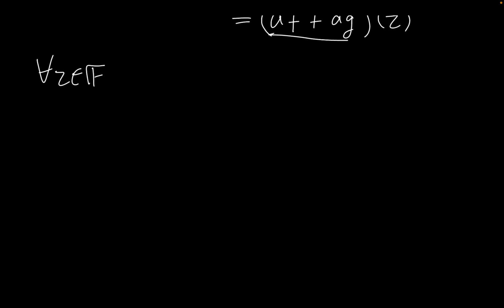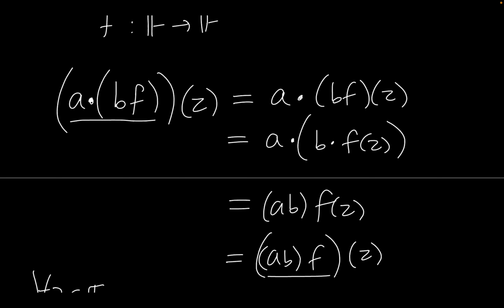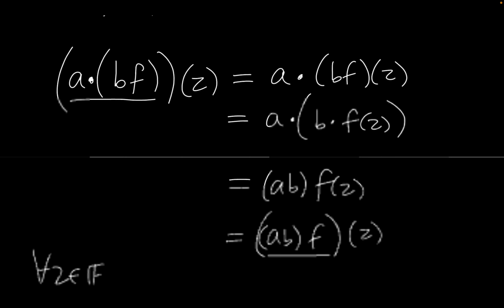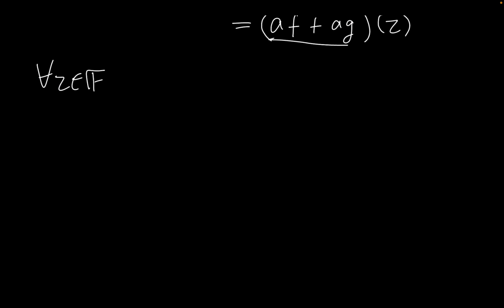Last property, and I remember that basically, so I don't need to go up there. You can check. In fact, let's just check. A, B, and V, right? So we want to show that (a plus b) times f is equal to af plus bf, where a, b are scalars, f is a vector, so a function from F to F basically.